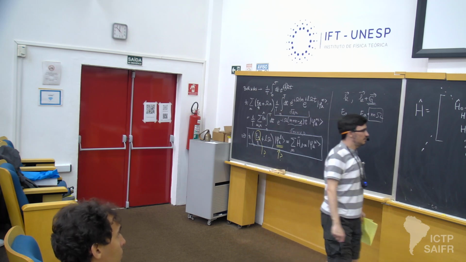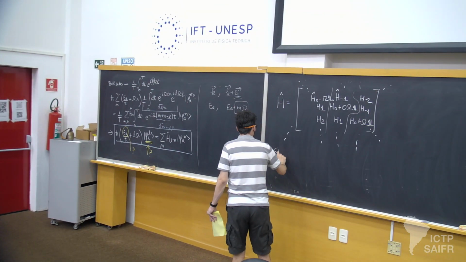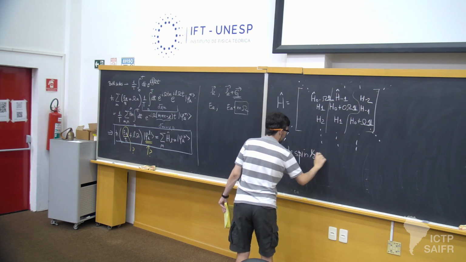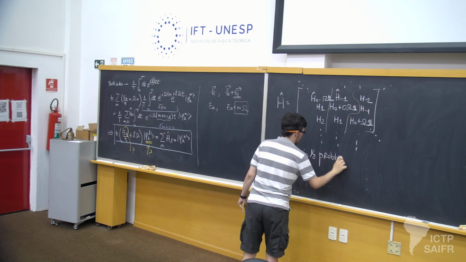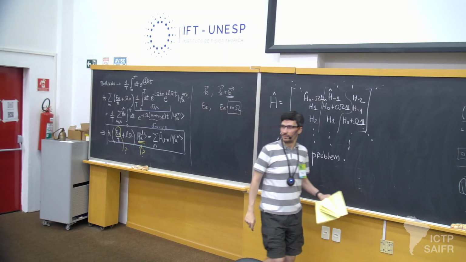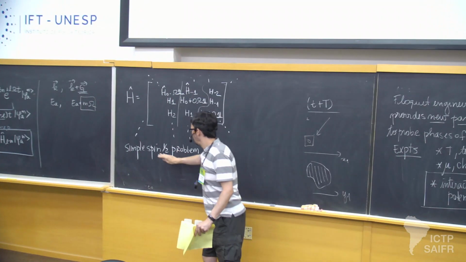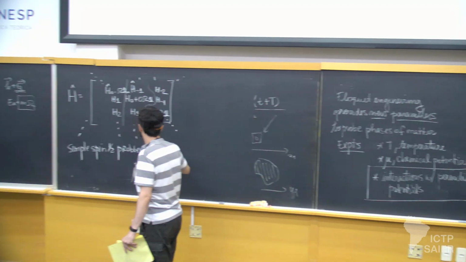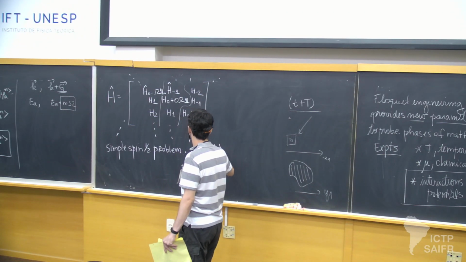Even if we have, let's say, a simple spin half problem, it's a bit tautological, but okay. It's a spin half problem. If you have a spin half problem, you're going to have two states, and then you can find the eigenstates and so on.